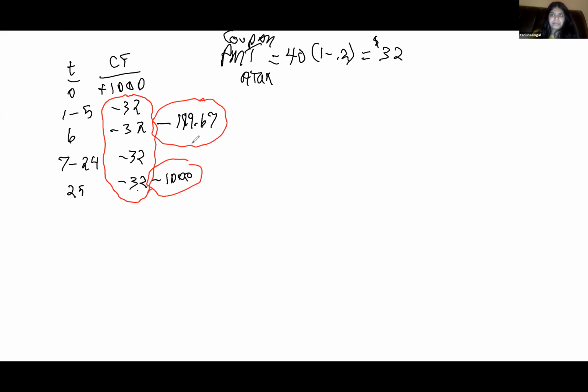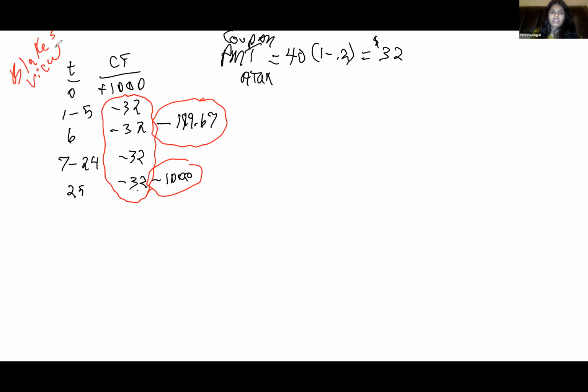So from Blake's viewpoint, those are the cash flows associated with the bond. They get 1,000. After taxes, they pay 32 a year for 25 years, roughly an extra 200 in year 6, and then 1,000 in year 25 when the bonds mature.